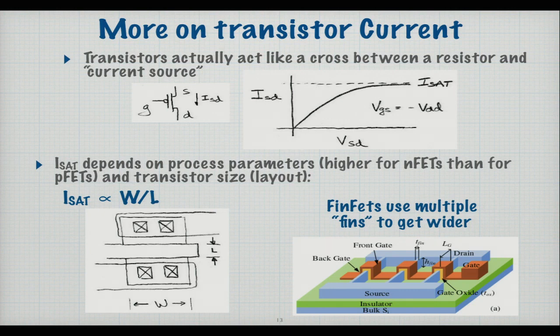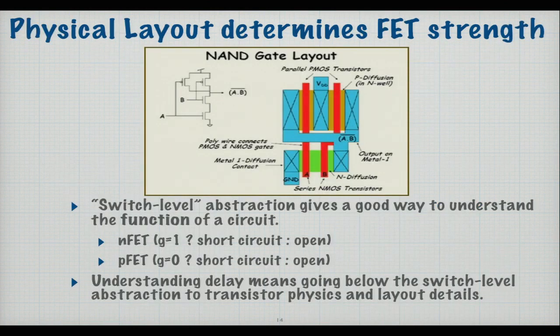And then in FinFETs, we use multiple fins to get a wider transistor. The physical layout determines the transistor strength. As I said, here you can see these transistors on the bottom are this wide. The ones on the top are wider.